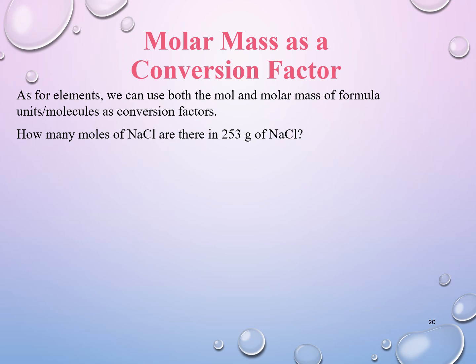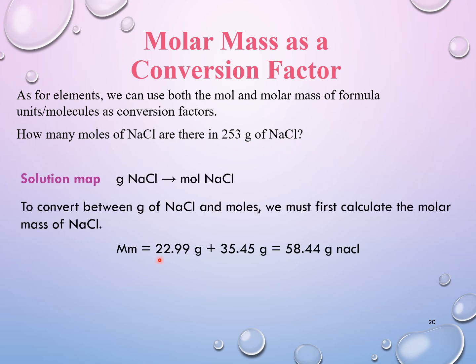How many moles of NaCl are there in 253 grams of NaCl? So to do this question, we need to find the molar mass of NaCl. All you do is look them up from the periodic table, where Na is 22.99, Cl is 35.45. You add them together, NaCl will be 58.44 grams per mole.